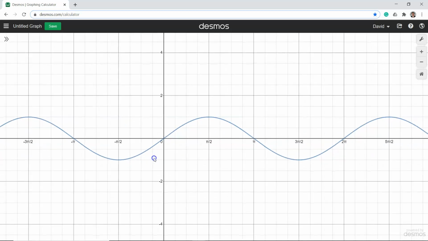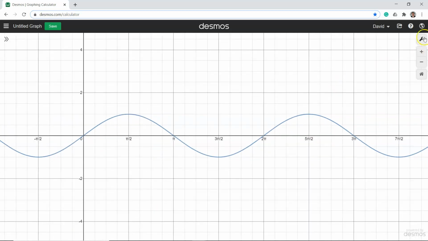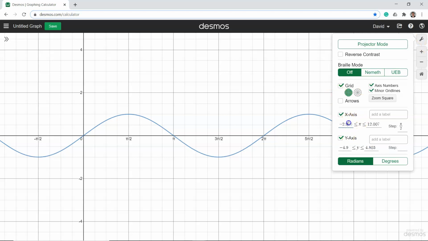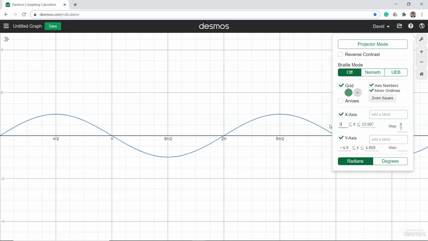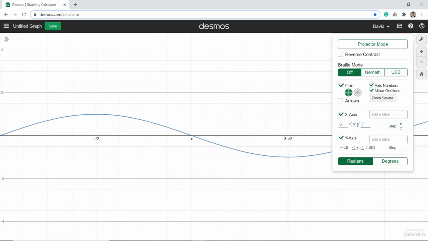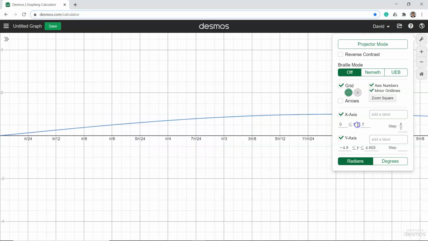So if I go from 0 to 2 pi, let me do that in the settings. Let's just say we wanted to look at the first cycle of this sine wave, 0 to 2 pi. Oh, what did I do?